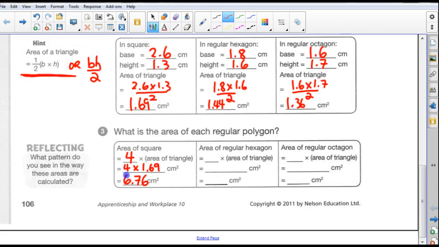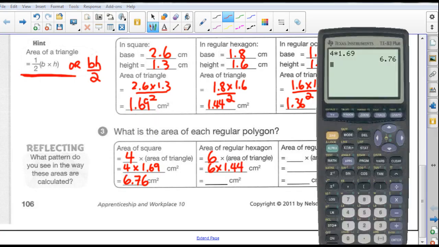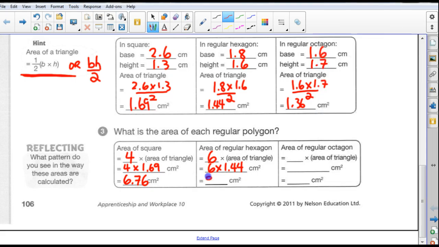Okay, let's do the hexagon. The hexagon has 6 sides, so we have 6 triangles, and the area of each triangle is 1.44, so 6 times 1.44, and I get 8.64 centimeters squared.